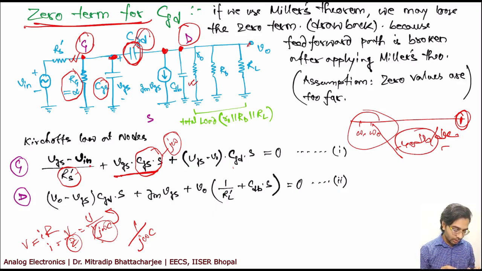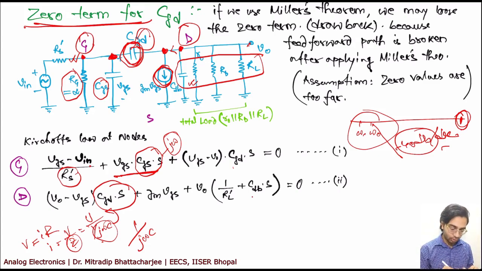In the D node, you have V0 minus VGS, into CGD into S, which is the first current. The second one is GM VGS, this current source, and the third one is the combination flowing through this branch. So it is 1 by RL dash plus CDB into S, into V0, right?